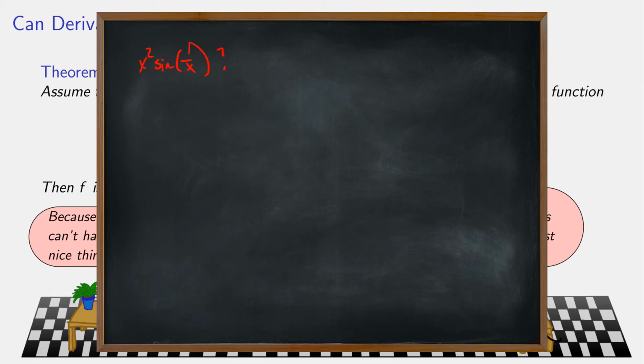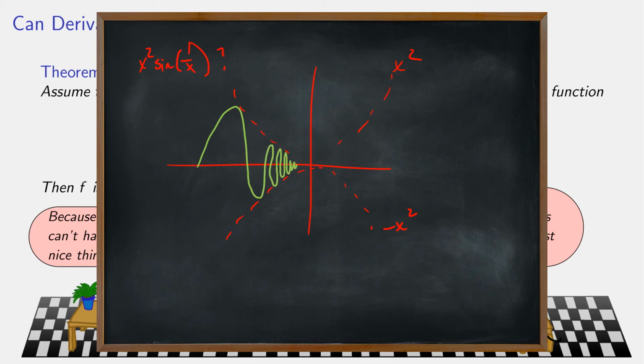So by the squeeze law, if this is the curve positive x squared, and this is the curve minus x squared, because sine goes back and forth between 1 and minus 1, our curve goes back and forth between these two things. So it goes up and down faster and faster, but trapped between these two things here. So here is our curve x squared times the sine of 1 over x.